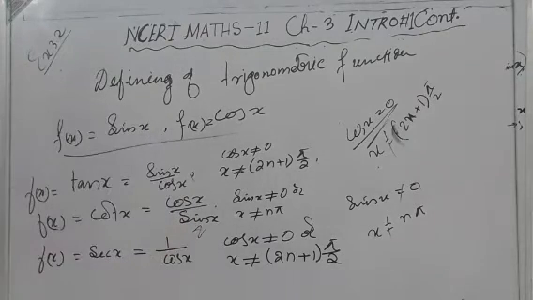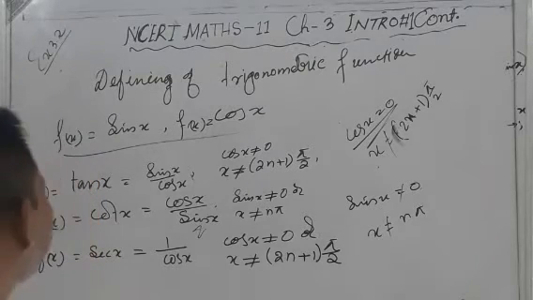I hope you are understanding. This is a very important concept. You should not forget it. If you forget, it will make understanding inverse trigonometric functions in class 12 more difficult, correct?